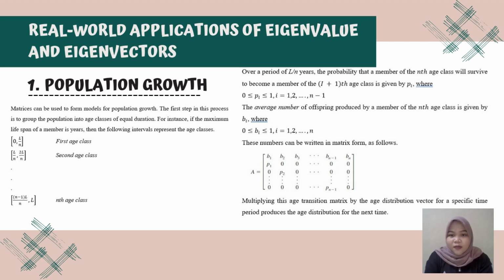Then the average number of offspring produced by a member of the i-th age class is given by Bi. These numbers can be written in matrix form. Multiplying this age transition matrix by the age distribution vector for a specific time period produces the age distribution for the next time period.